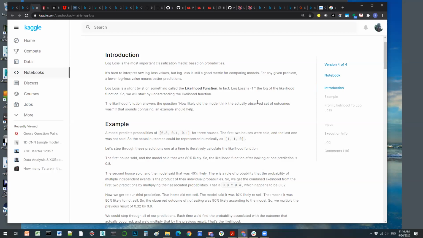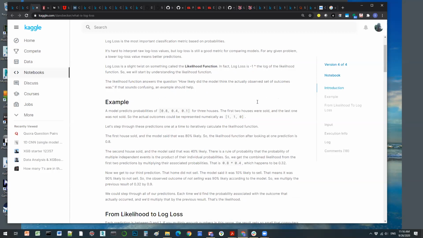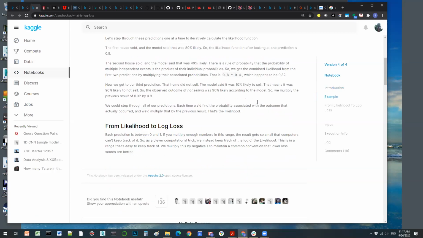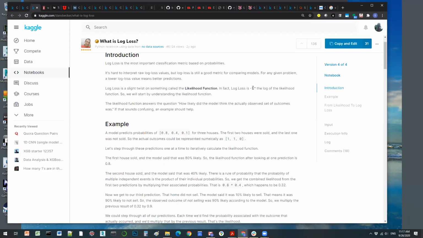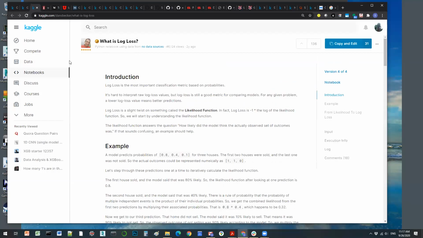The reason for the negative is so that we are consistent with the notion that the loss is expected in machine learning to be minimized, which means the lower the value, the better. That's why there's -1 times the log of the likelihood function. So that's the metric we are optimizing for.